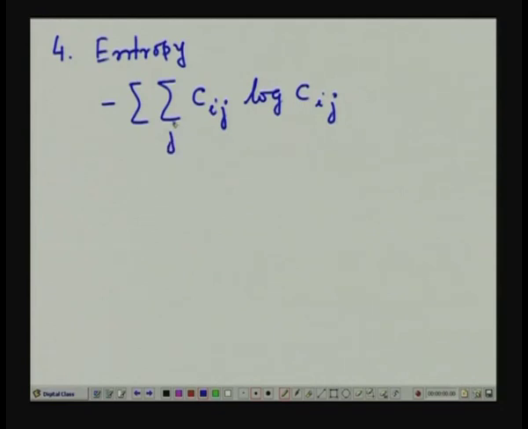As we know, this entropy is nothing but a measure of randomness. So, it tells us how random the given texture image is.